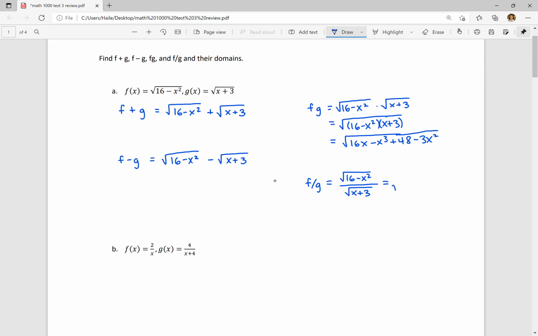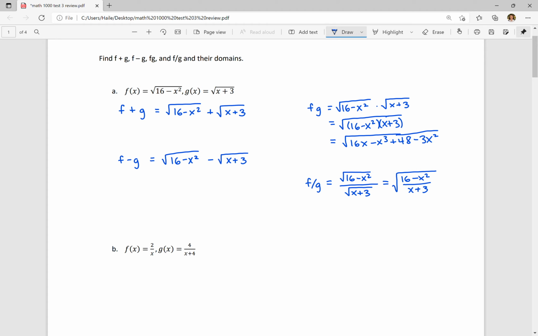So we can say that this is the square root of (16 minus x squared) over (x plus 3). Now this is the simplest we can get this because x plus 3 does not divide 16 minus x squared. So these are our four functions, f plus g, f minus g, f times g, and f divided by g. Now we're going to find their domains.